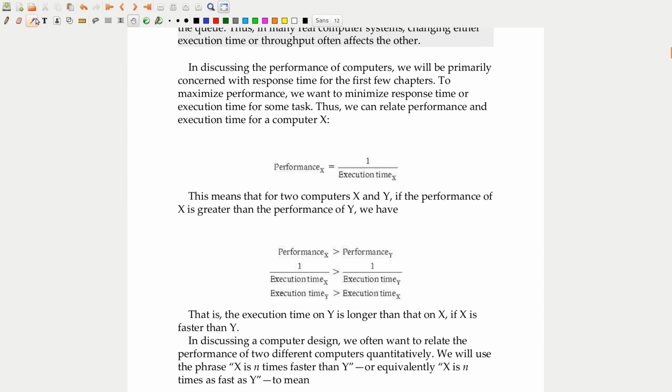So when we talk about performance, it's important to understand these metrics. When we say performance of X, this means 1 over the execution time of X. So that's how we relate those two things.